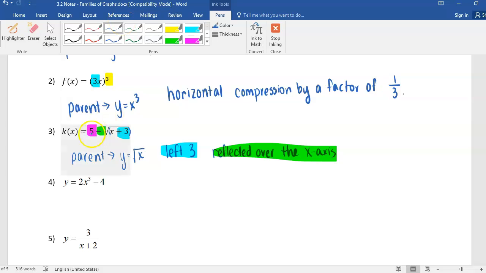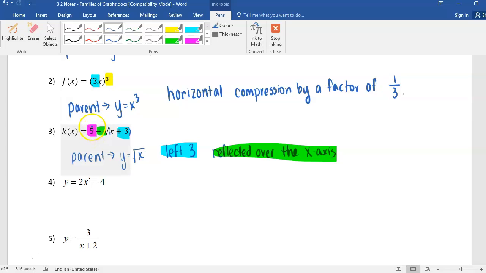So the 5, what's that 5 do to the graph? Anybody know? I think these are tricky whenever these look like this. Is the 5 multiplied by the function? It is not, right?